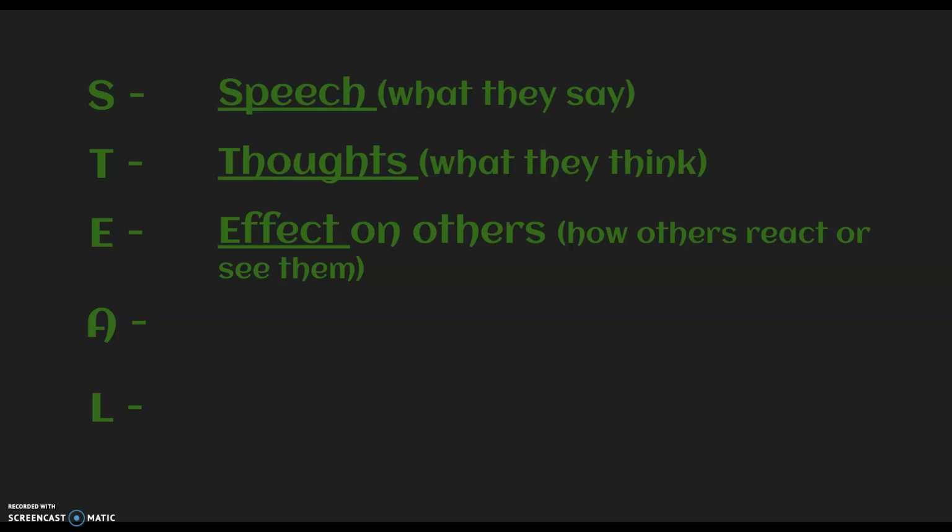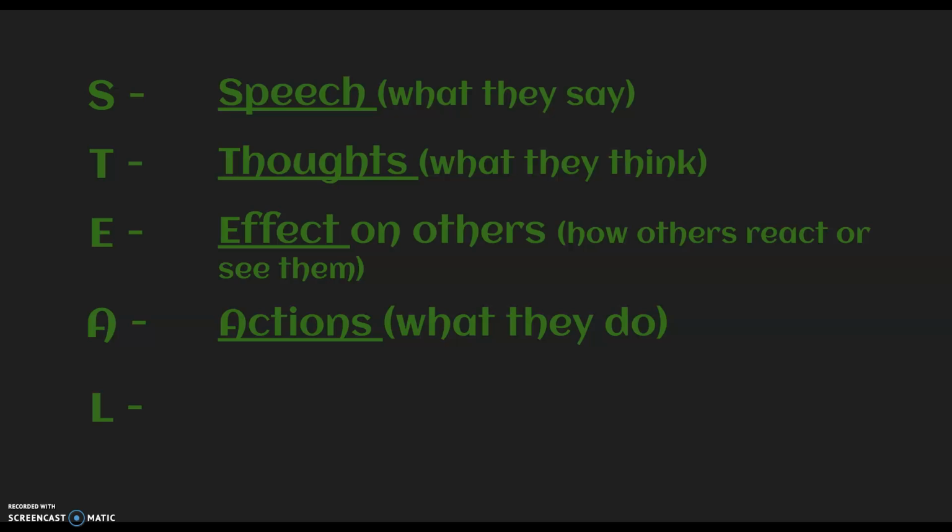Okay. The E is the effect on others. So how do others react or see the character? So for example, in the indirect characterization we just talked about, Harry's response to Voldemort was pain, right? His scar was hurting. So that tells us that Voldemort may sound calm, but maybe he's being sneaky or angry.